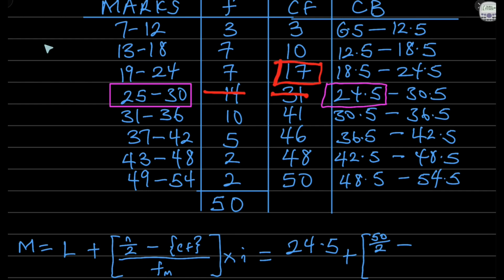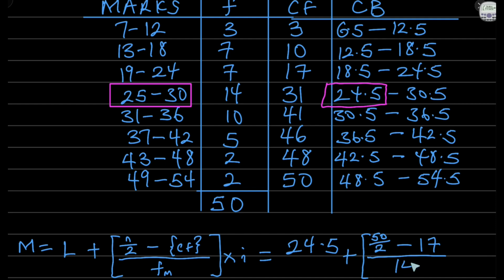So we write 17, all divided by F subscript M. F subscript M means the frequency of the median class. We know that this is the median class, and this is the corresponding frequency of the median class, 14.